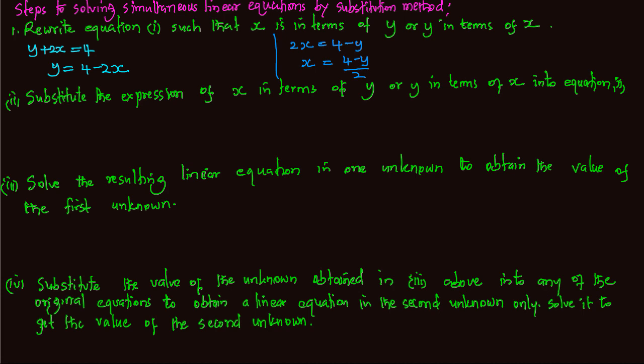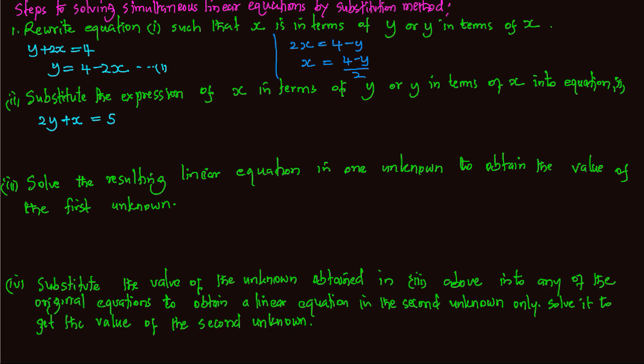Second step, we substitute the expression of x in terms of y or y in terms of x into the second equation. So when we use the first equation, we substitute it into the second equation, and the second equation is 2y plus x is equal to 5.